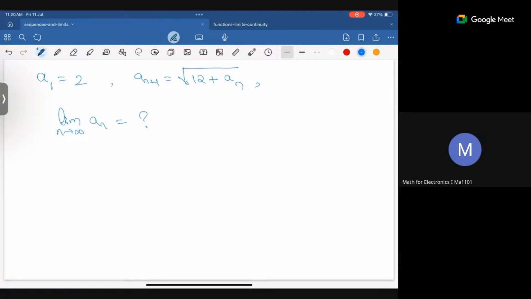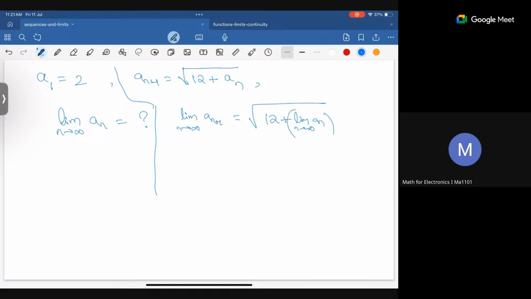If they ask you to compute the limit, it is evident that the limit exists. That's the general way of proceeding. Once the limit exists, you have to use MCT somehow. All I have to do is take this recursive relation and take the limit on both sides. I'll have the limit as n tends to infinity of a_(n+1) equal to the square root of 12 plus the limit as n tends to infinity of a_n.